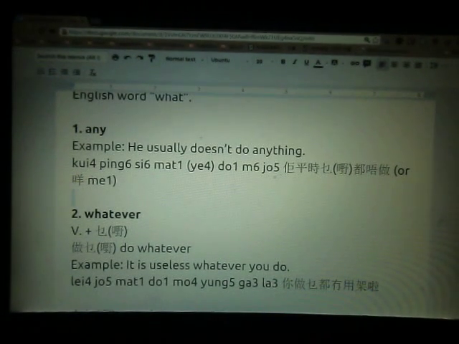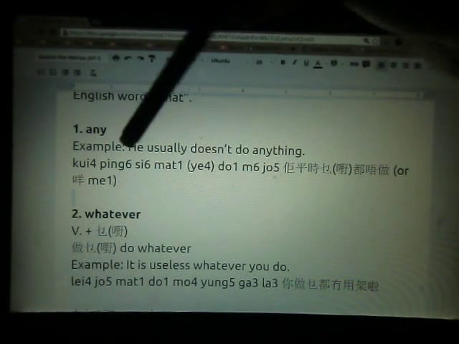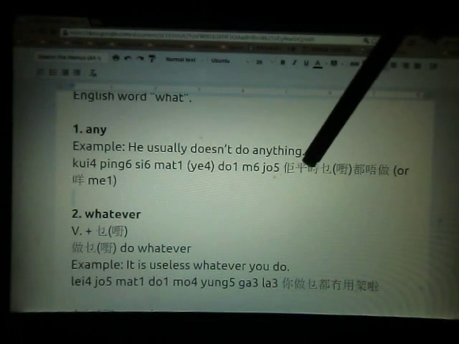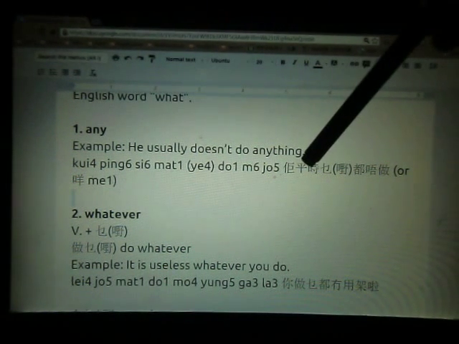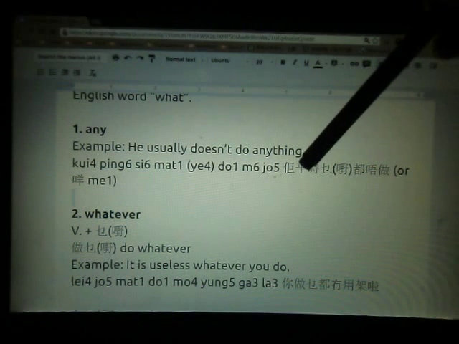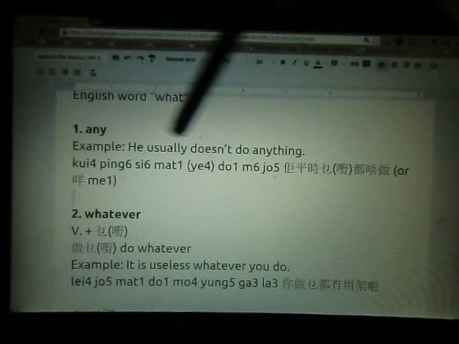So for example, he usually doesn't do anything. 佢 in Cantonese we have he, 佢 平時 usually. 平 means average, 時 means time. Sometimes you use 平日, so on an average day or at some average time, usually.